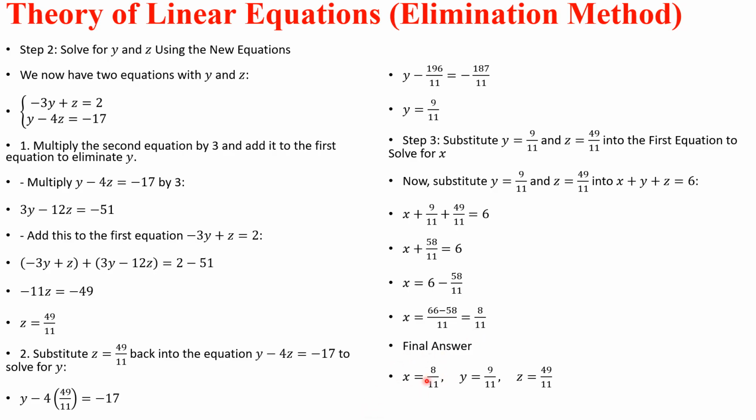So you can see that x equals 8 over 11, y equals 9 over 11, and z equals 49 over 11. Looking at the solution, you'll find that the answers gotten using the elimination method are the same as the answers gotten using the substitution method as well as the matrix inversion method.